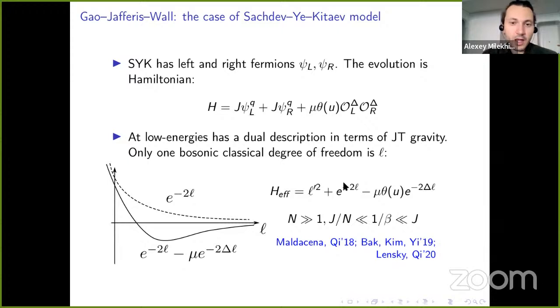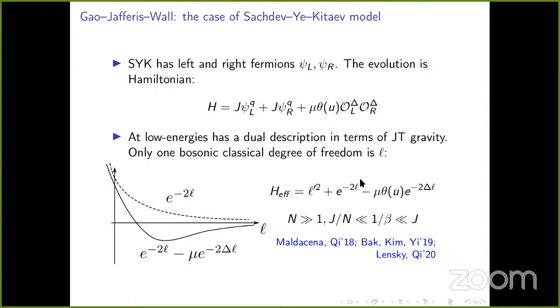I don't want to describe all this in detail, but what you need to keep in mind is that it is basically a standard fact by now that SYK with the two sides in the thermofield double state reduces to one effective classical degree of freedom. For that you need large N, and your temperature, which is 1 over beta, has to be much smaller than J, but not too small: it has to be larger than 1 over N.